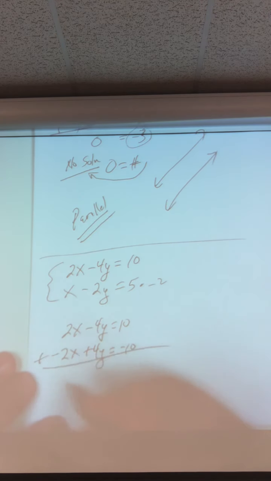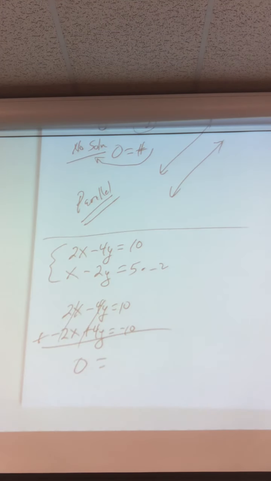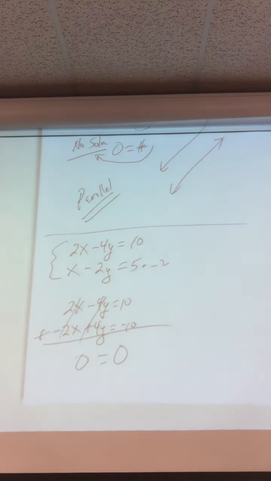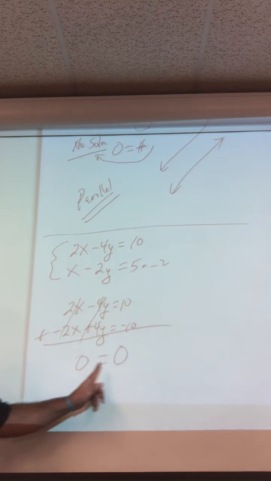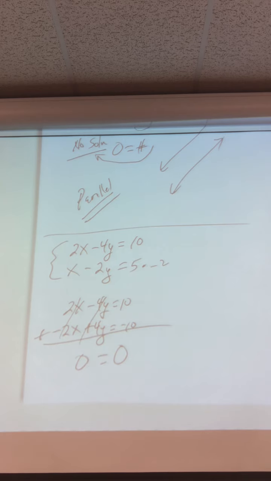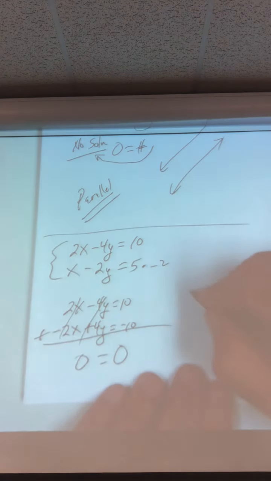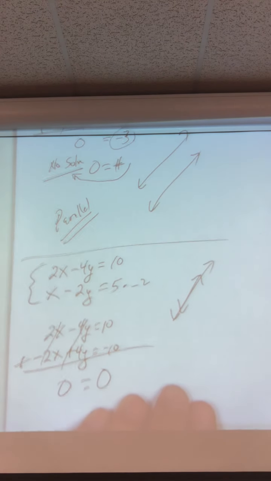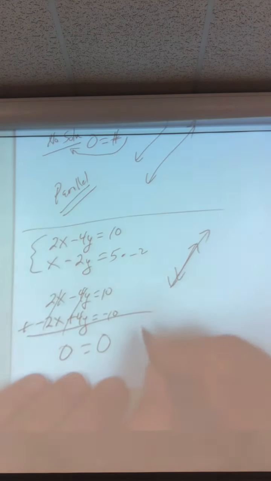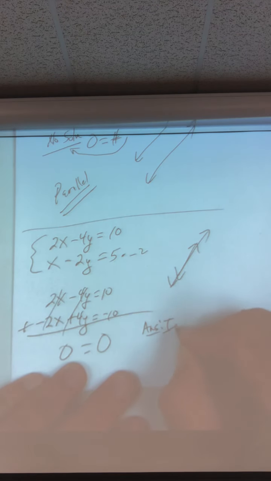All right, when I add them together, both variables cancel. But so do the numbers. When the variables and the numbers cancel, that's when the two lines lie directly on top of each other. When this happens, the answer is this: infinite.